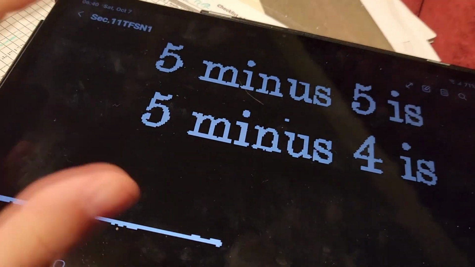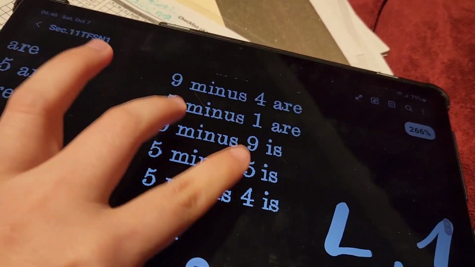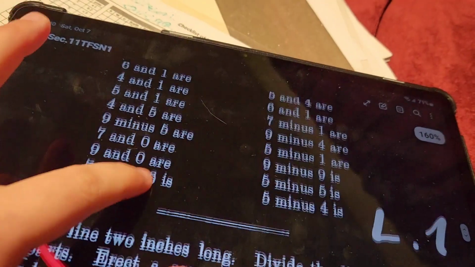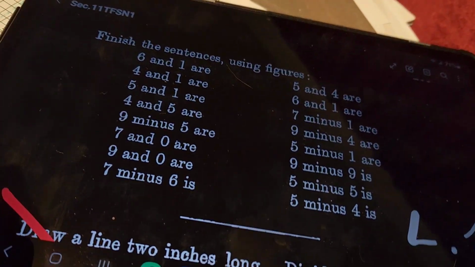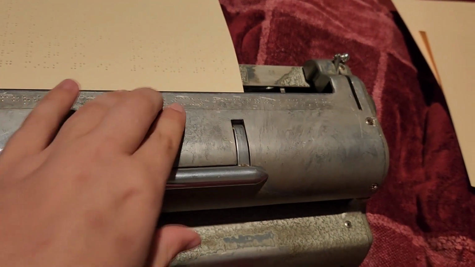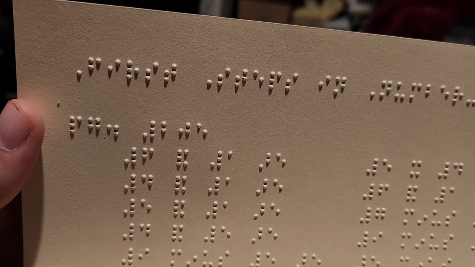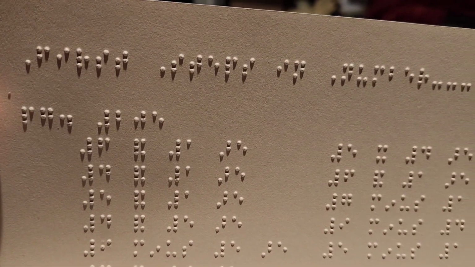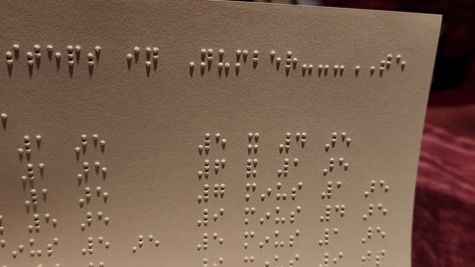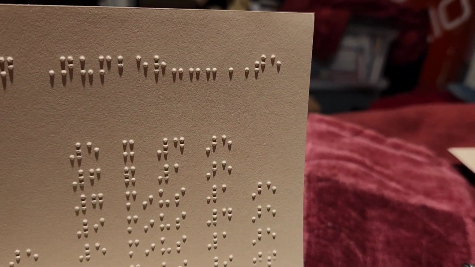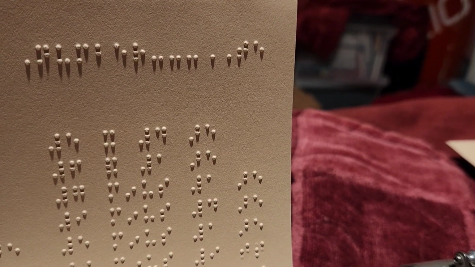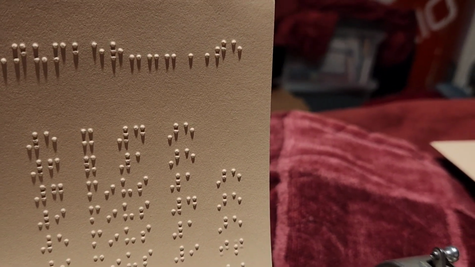Okay. So here is the book. Let me zoom that out so you can see it better. So this is everything I wrote out, and this is what it looks like in Braille. Which you really can't see well unless the light is there. Now you can see it. So that's the title of the book, First Steps in Number. And then that's my weird spacing or hash marking line, whatever.